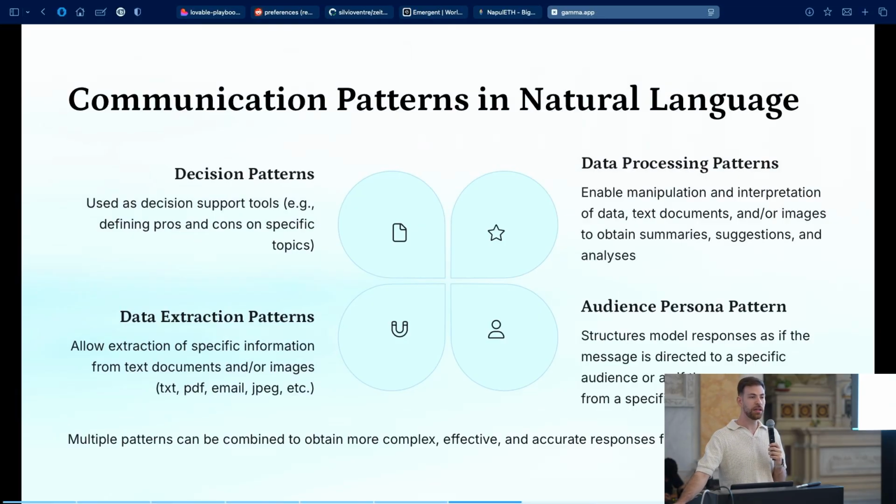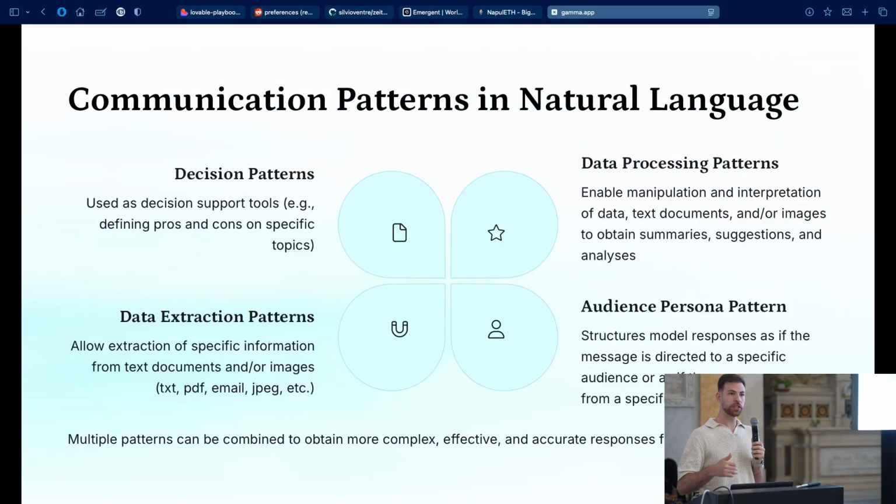So basically, you have to talk with them using patterns. More or less, something that we do every time when we talk with a person. We do it implicitly. So with the AI model, we have to do it in an explicit way.